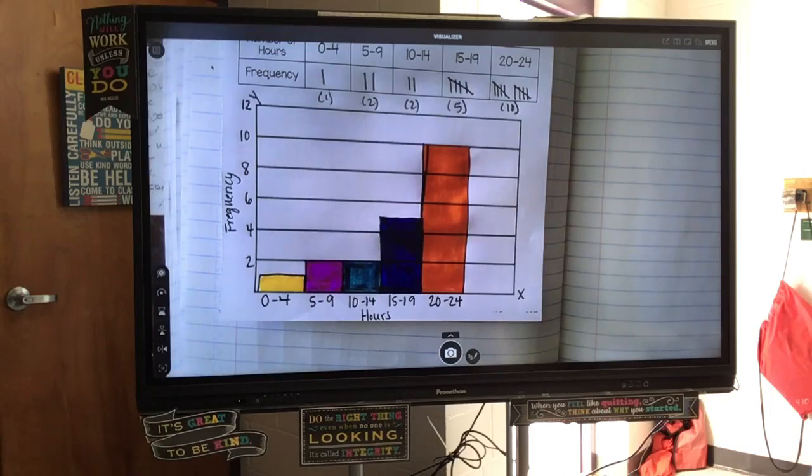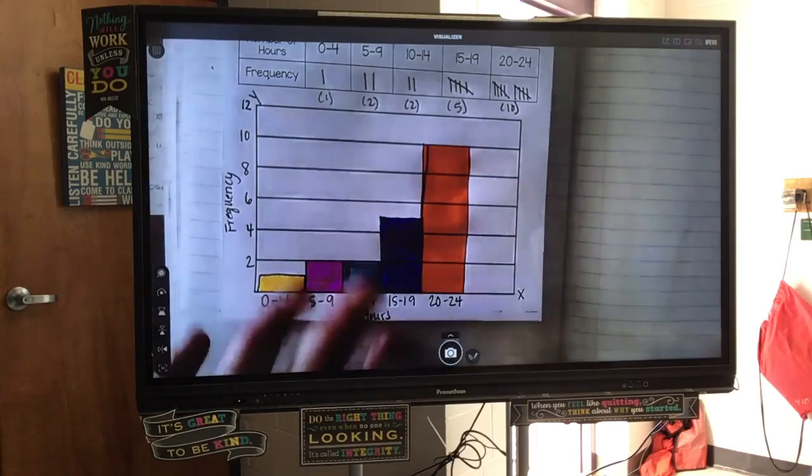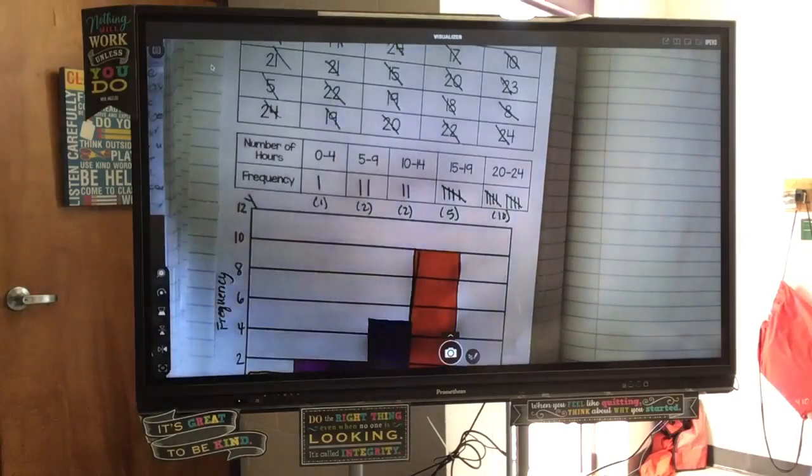Good. But you can move back to your seat if you want. Alright, do not put your colors away yet because you are going to need them for your homework.